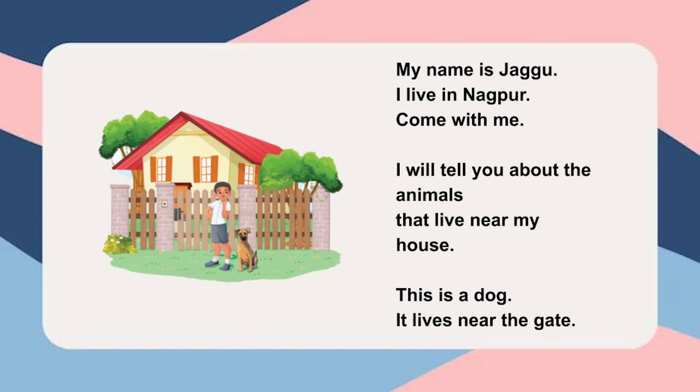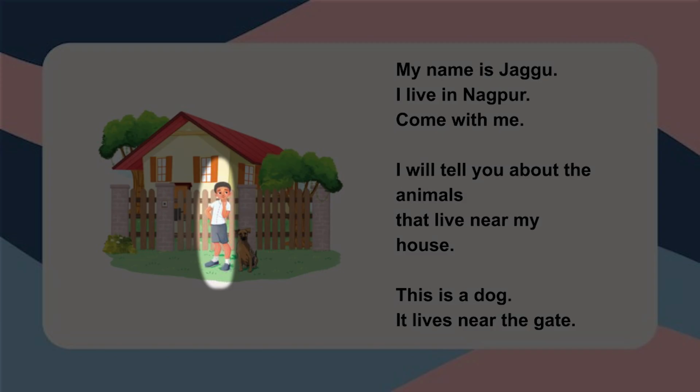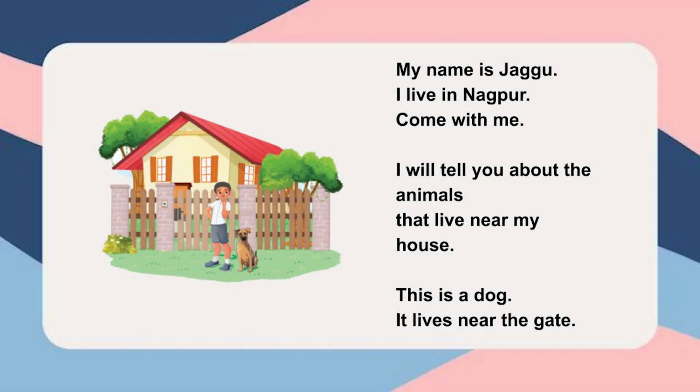I live in Nagpur. Come with me. I will tell you about the animals that live near my house. So the boy in the picture here is Jagu, and he is going to show the animals near his house. He further shows the dog and says, this is a dog.